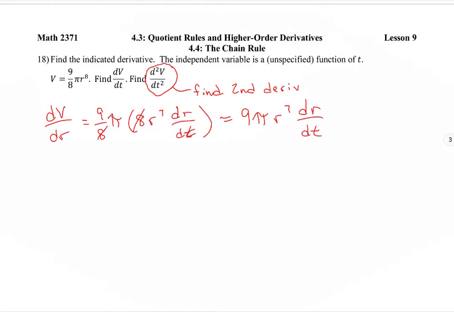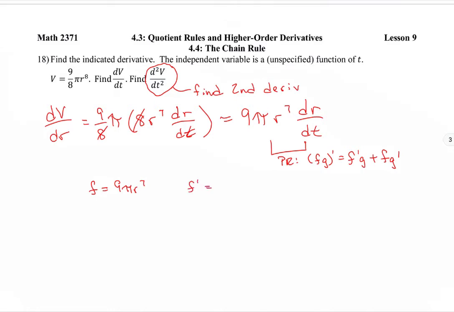Okay? Now, to find the second derivative, this is a product rule. So that is (fg)' equals f'g plus fg', where f equals 9 pi r to the 7th.